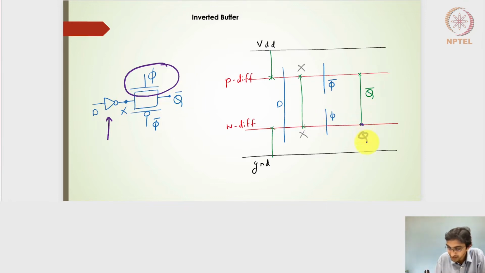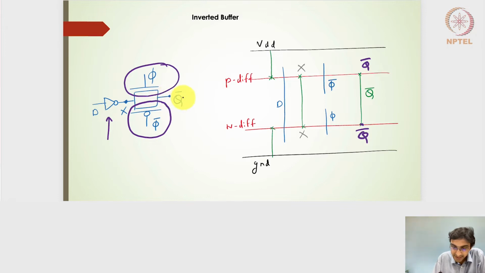The PMOS transistor of the transmission gate sees a polysilicon gate of phi bar and separates the diffusions, X on one side and Q bar on the other side. So we will have this Q bar.